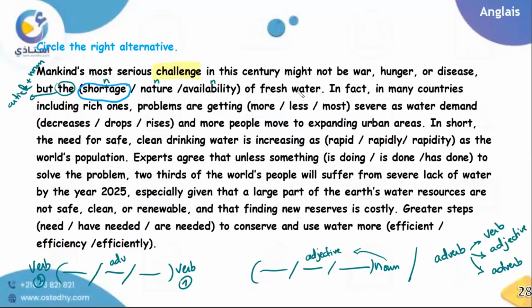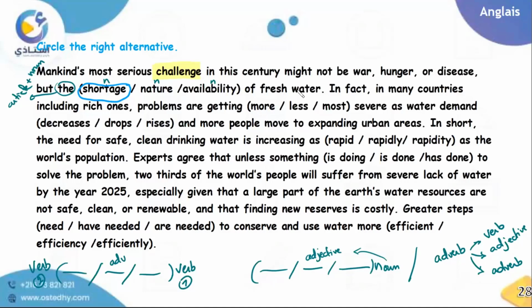Then, in fact, in many countries, including rich ones, problems are getting more, less, or most severe. Getting, okay, this is progressive, severe as water demand, etc. Do you need more? Are getting more severe? Are getting less severe? Or are getting most severe?